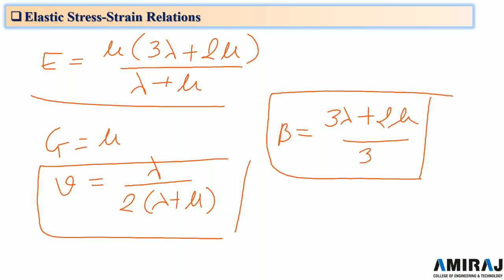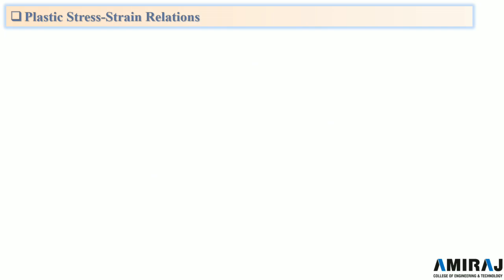Next topic is the plastic stress strain relations. The fundamental bases of stress strain relation in plastic deformation are as follows. In any plastic deformation process, the work done is always positive. For example, if a specimen is extended, positive work is done. Now, if it is compressed, again positive work is done.